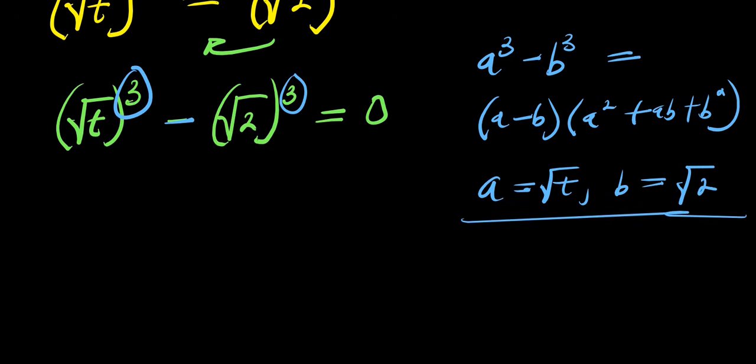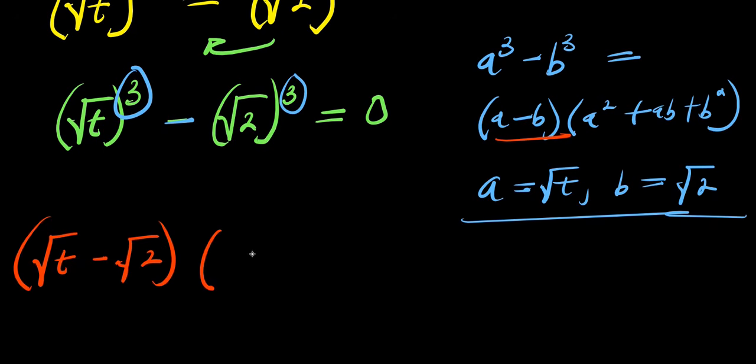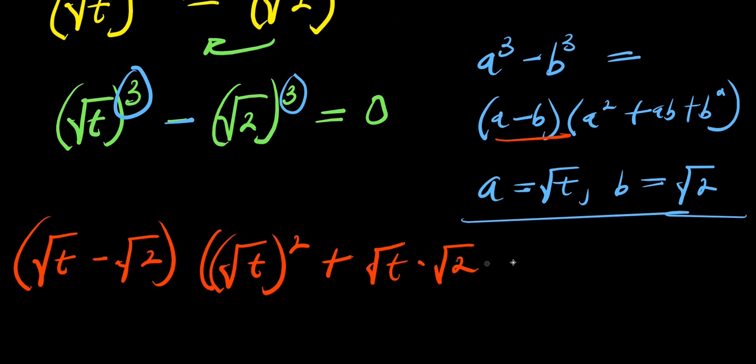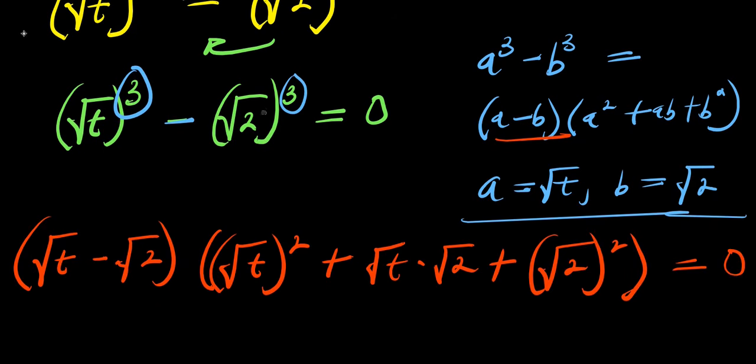So let's make use of that. We are simply going to have square root of t minus root 2, that is a minus b, times square root of t to the power of 2 plus square root of t times square root of 2 plus square root of 2 to the power of 2, and this equals 0.